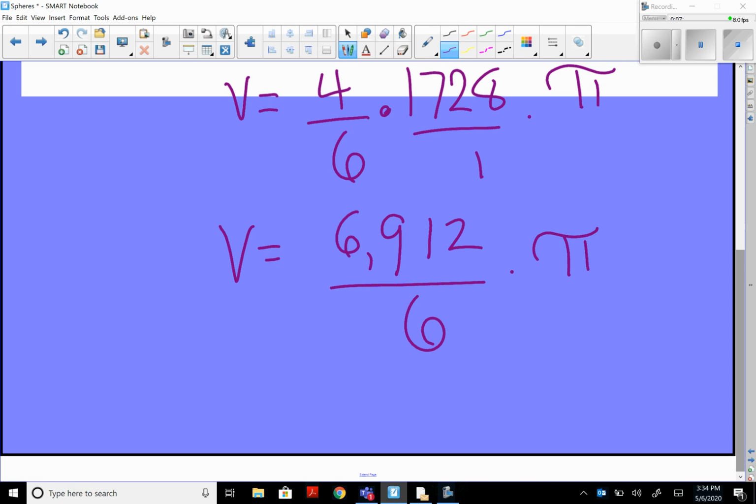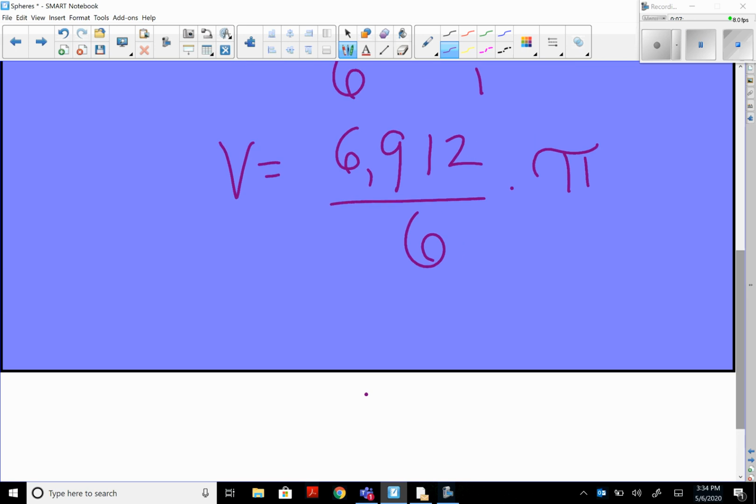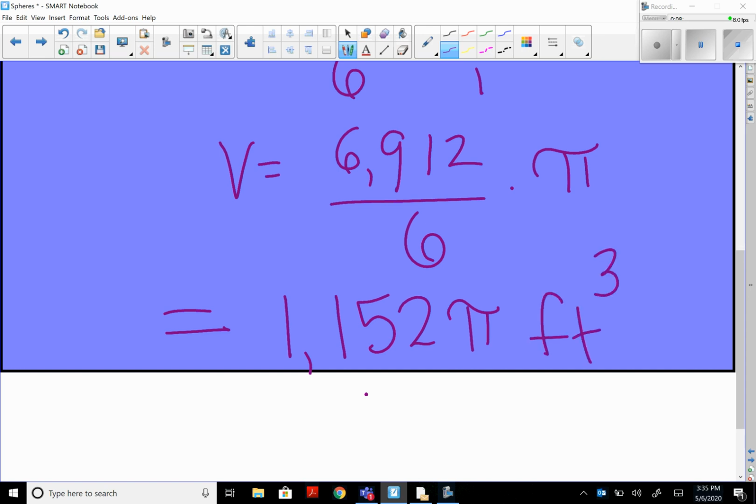And if I simplify that, 6,912 divided by 6 is 1152. So the exact volume is 1,152 pi cubic feet. Volume is cubic units. In this case, it's feet.